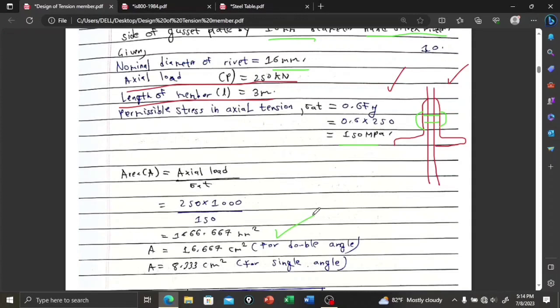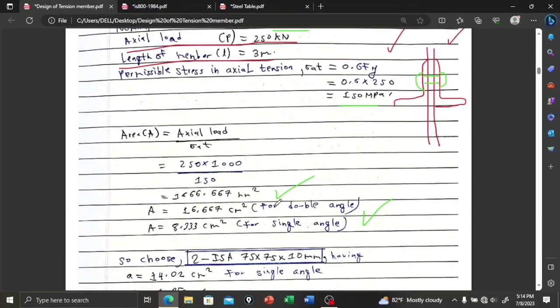To convert it to centimeter square, we divide by 100. So area is 16.667 centimeter square for both angles, and for one angle section, this divided by 2 is 8.333 centimeter square.